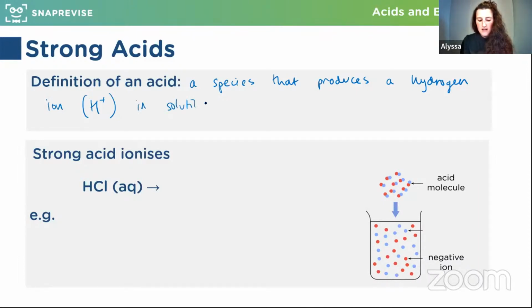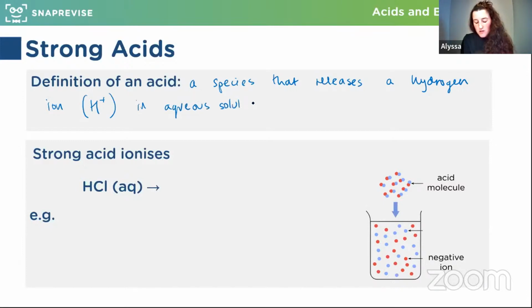So hopefully, when we've done our work on ions, we know that hydrogen forms a H+ ion. I am going to put releases there actually, because that's a little bit neater. And we'll say aqueous solution.